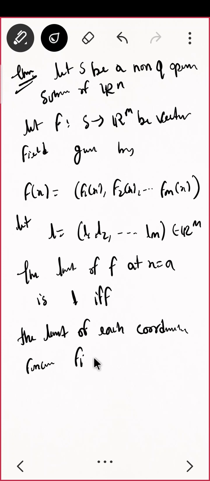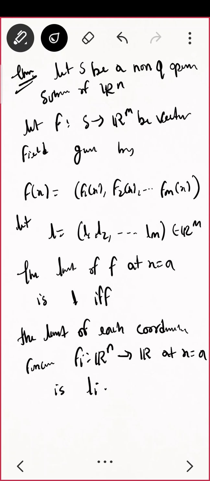But where this fi is coming from, fi is actually a scalar valued function. If you see, it is taking from n variables and it is giving me in R. At x is equal to a is Li.